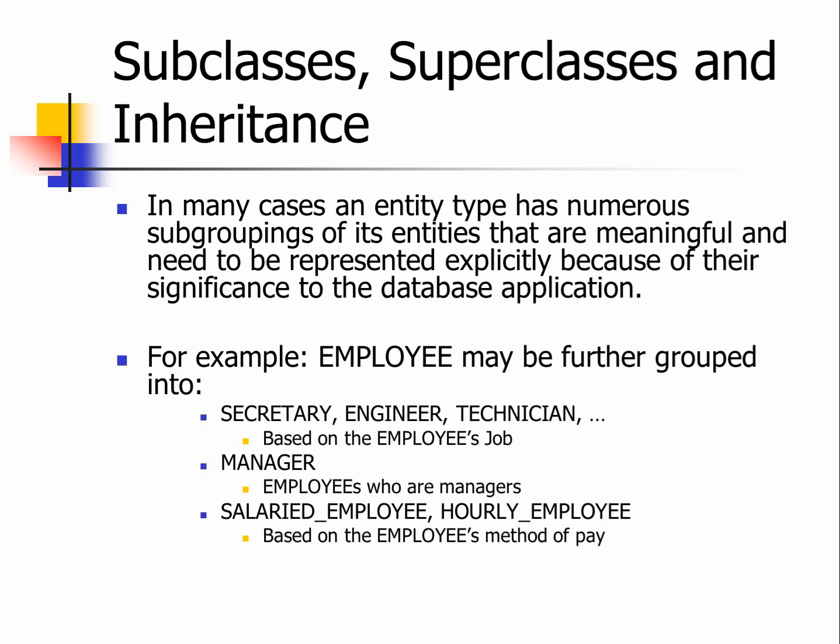If we focus on the employee entity, you can imagine that employees can be further divided into many different kinds. For one, based on their job type, employees can be subgrouped into secretary, engineer, technician, sales, or something else. And each one of those has its own properties or attributes to describe that subgrouping.